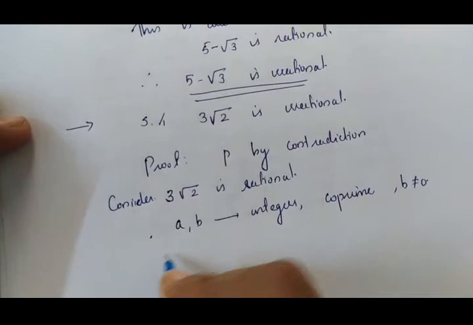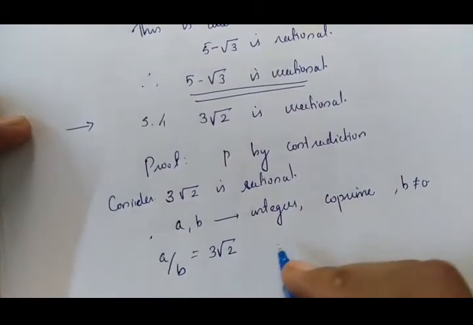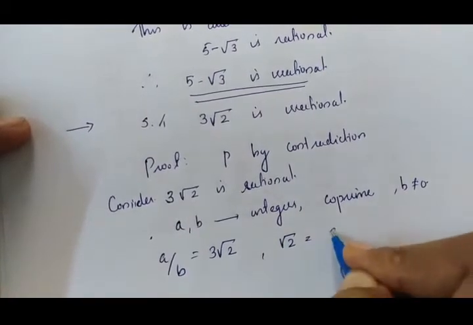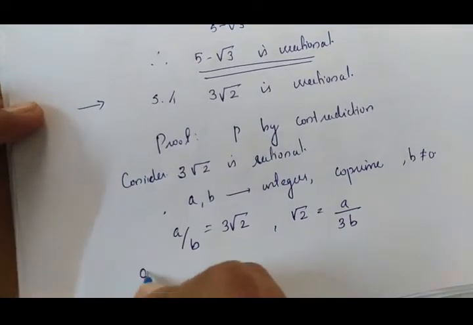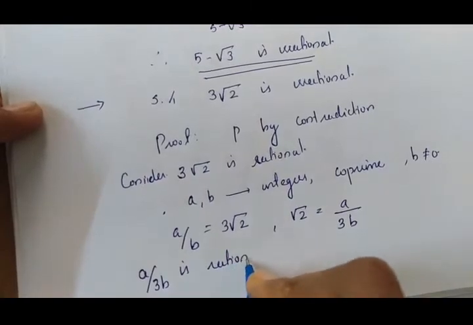Okay, a divided by b is equal to 3 root 2. We can rewrite the equation as root 2 is equal to a divided by 3b. Then a divided by 3b is rational.